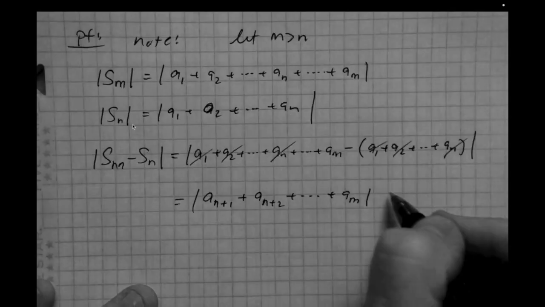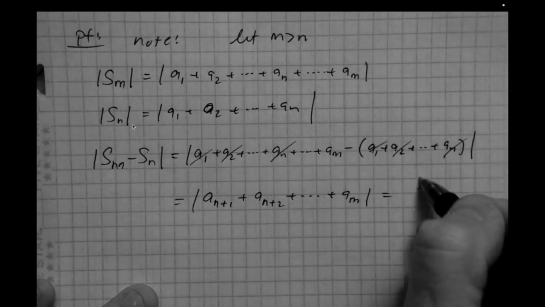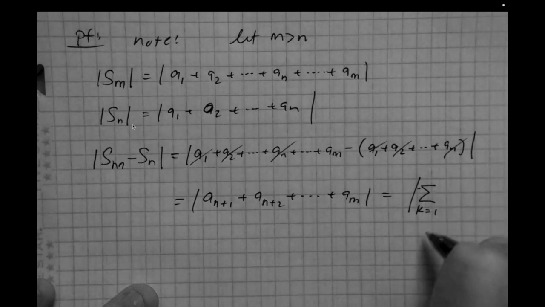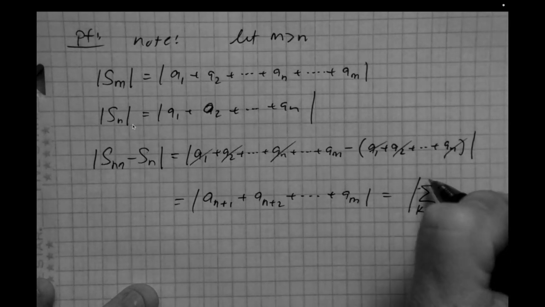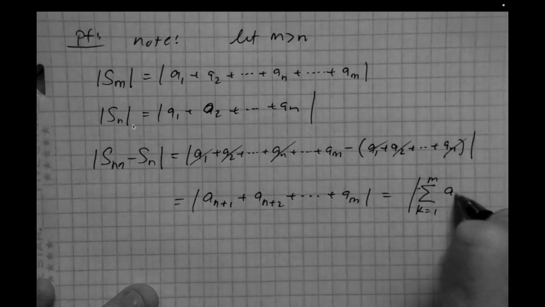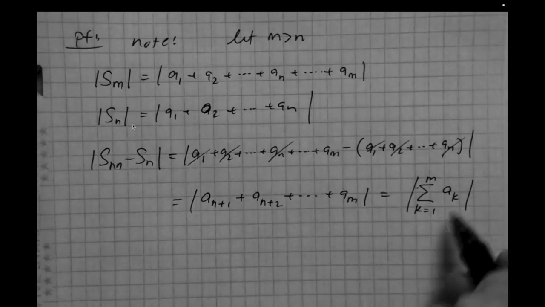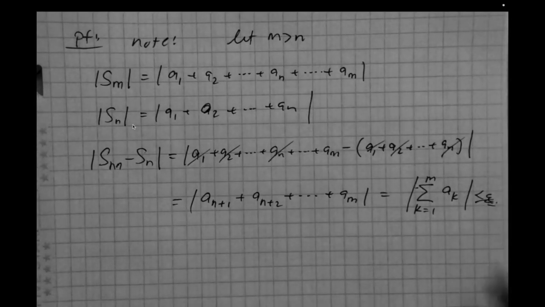Right? And this is the absolute value of the sum from k equals n plus 1 up to m of a sub k. This is the sum that specifically has to be less than epsilon as per the theorem. If you look at the theorem, this is the thing that needs to be less than epsilon.